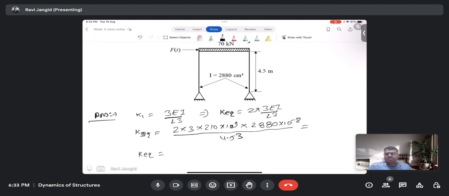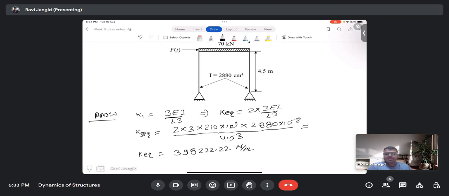It is 398.22 into 10 cube. 398.22, what unit, kilonewton or newton meter? So it will be coming out to 398222.22 newton meter. Is it okay?